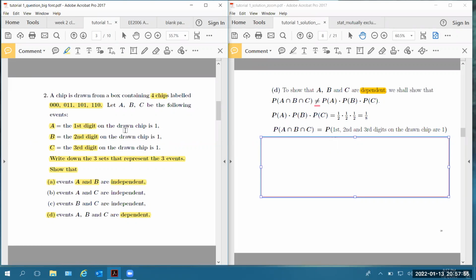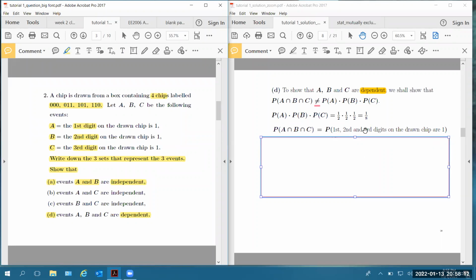Your A is first digit is 1, B is second digit 1, C is third digit is 1. So when you have A and B and C, it means your first and second and third digits are 1. Make sense?